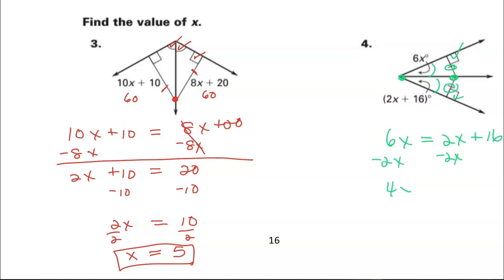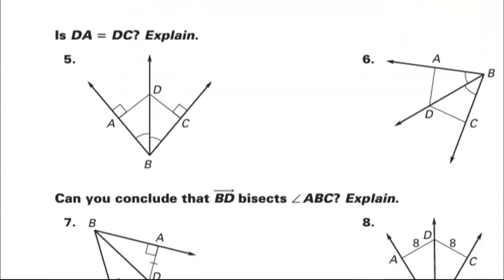That's going to give me x's on one side and numbers on the other. Divide by 4, divide by 4. X equals 4. So it's good to plug it back in. 4 times 6 is 24. 4 times 2 is 8, and 8 plus 16 is also 24. So I have the right value for problem number 4.